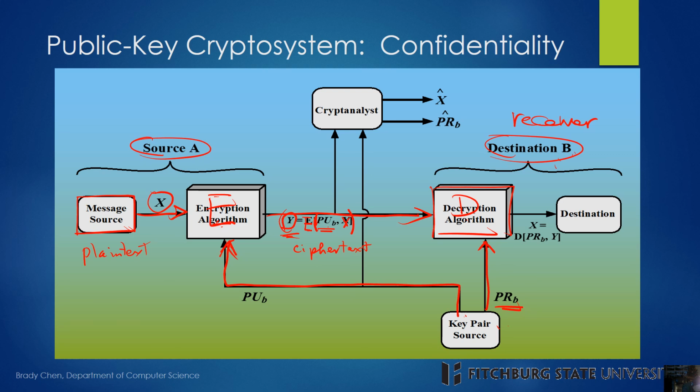We treat D as a math function with the private key of B and the ciphertext, and hopefully we can restore the original message X. Now, we just mentioned that we can secretly send a message to the destination, and we call this confidentiality.